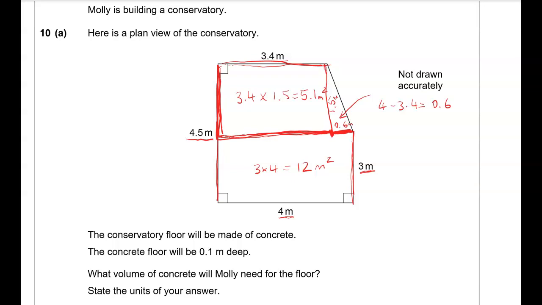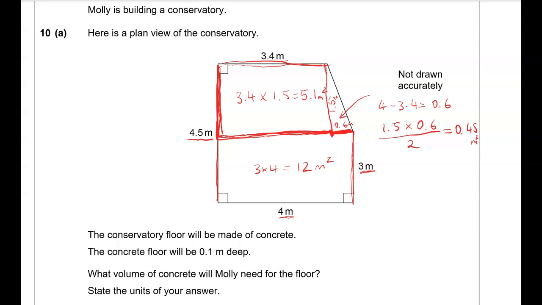So what we're going to do now to work out the area of the triangle is 1.5 times 0.6 divided by 2, which is 0.45 square meters.